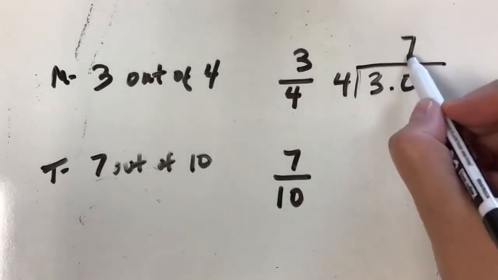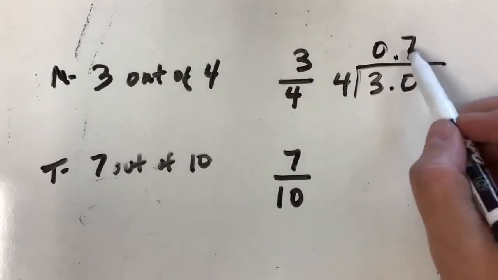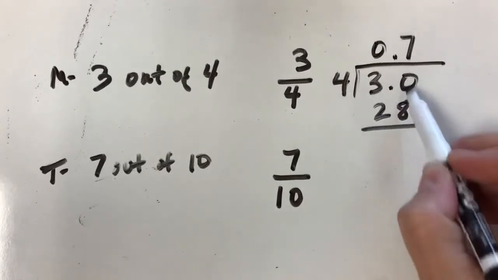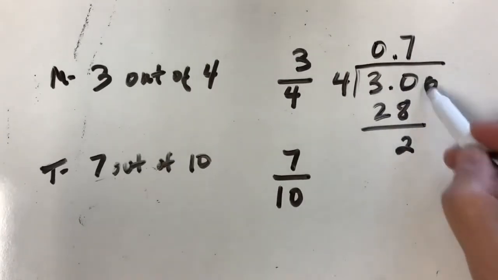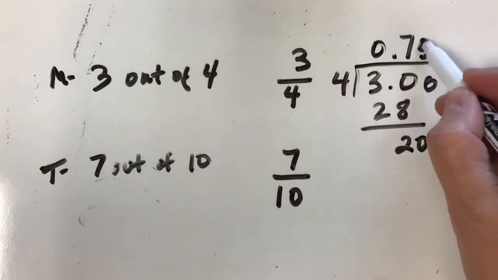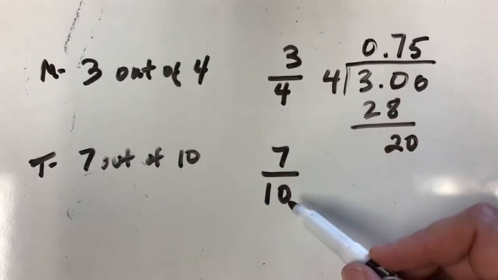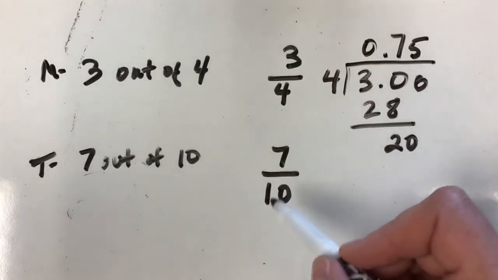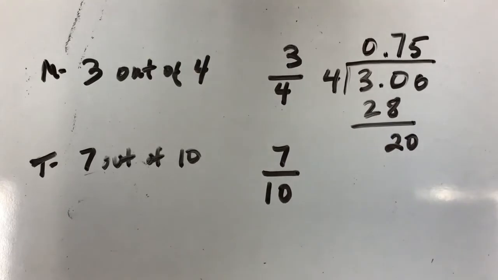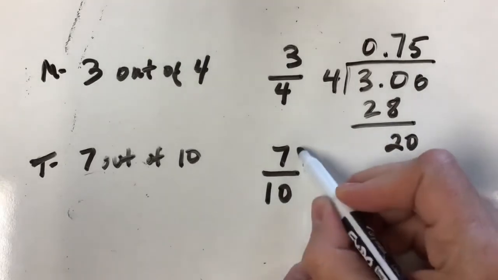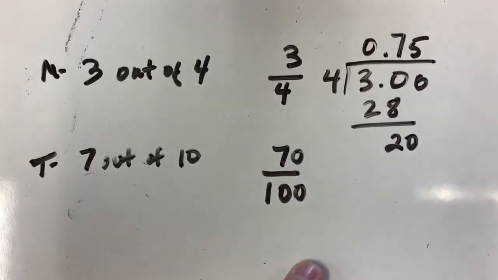4 would go into 30 7 times, okay? 7 times 4 would be 28. You'd bring down the 2 and bring down another 0, and 4 would go into 20 5 times. That's 0.75. But look, 7/10, yeah, you could go through and divide it. You could say 7 divided by 10, but when you got done, wouldn't you just end up with 70 hundredths?